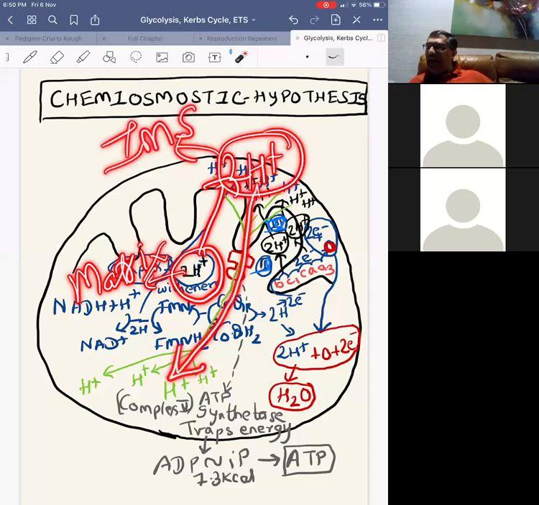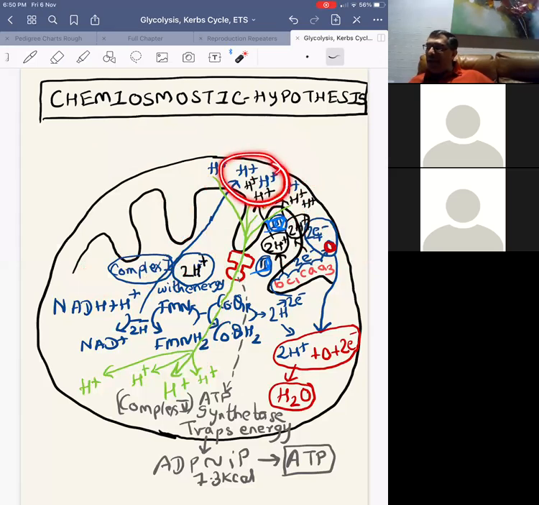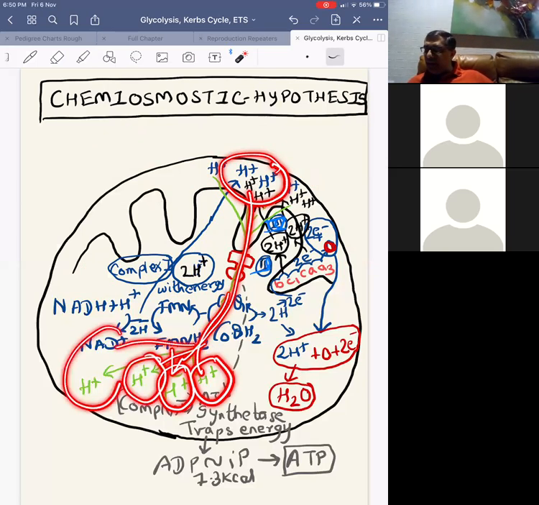So proton gaya, that was complex 1, complex 3 and complex 4, वो proton gaya into intermembranous space. Now, where will protons go from intermembranous space? Back into the matrix, H plus, H plus, H plus.